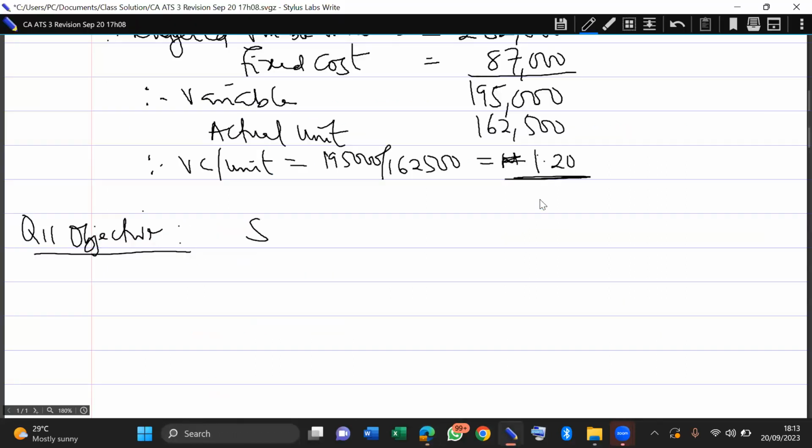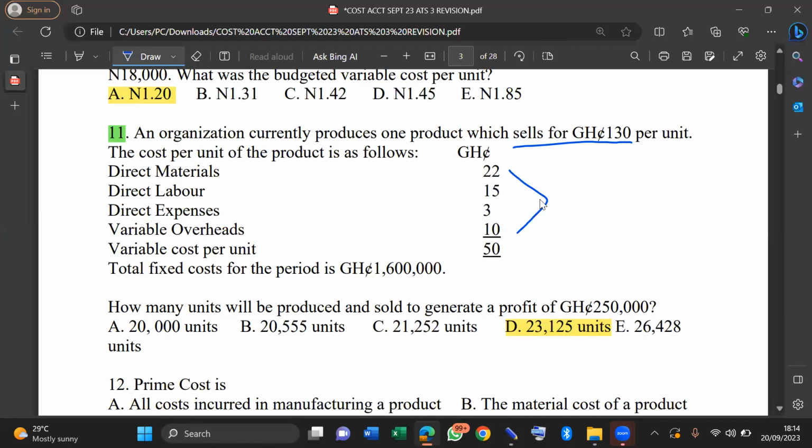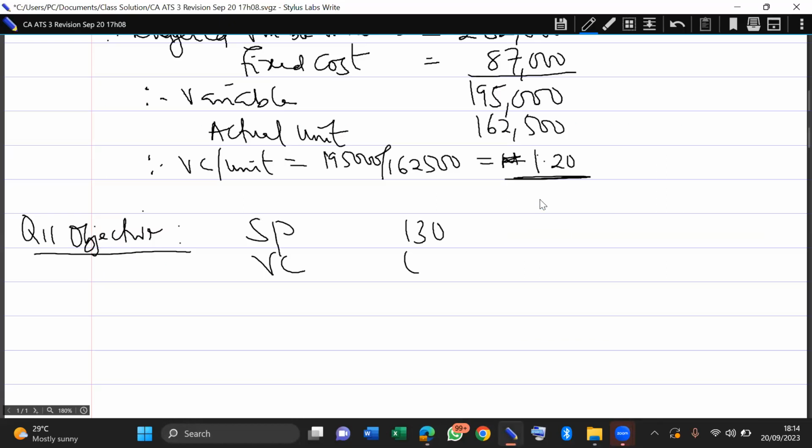So subtract the variable cost from your selling price: 130 minus 50. What will that give us? 80. This is our contribution margin, or we call it contribution profit.